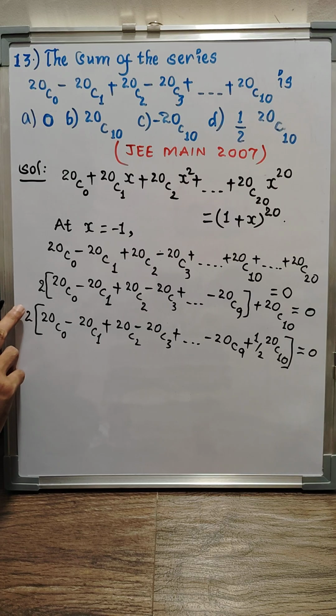So when you remove the 2 here, this expression value becomes 0.